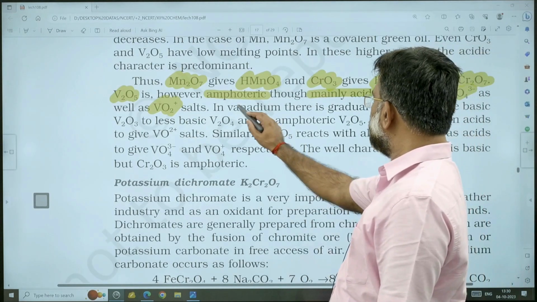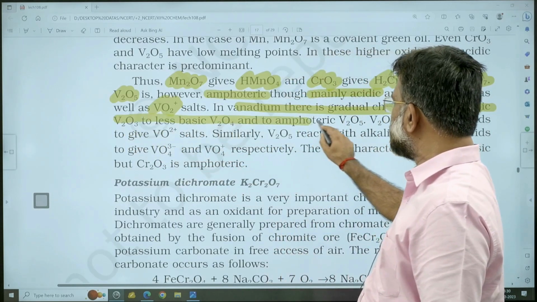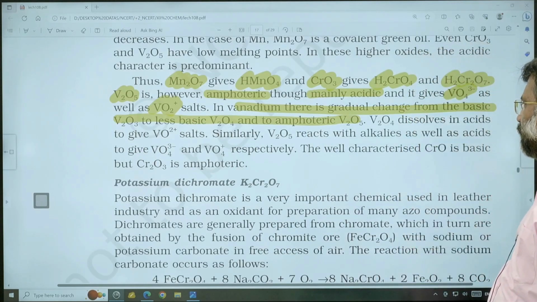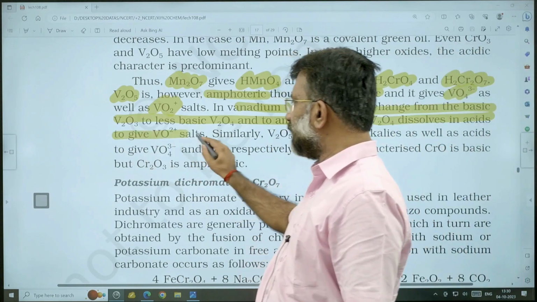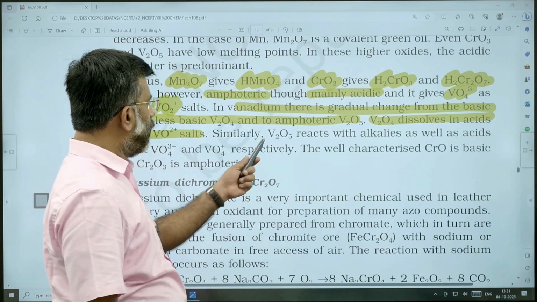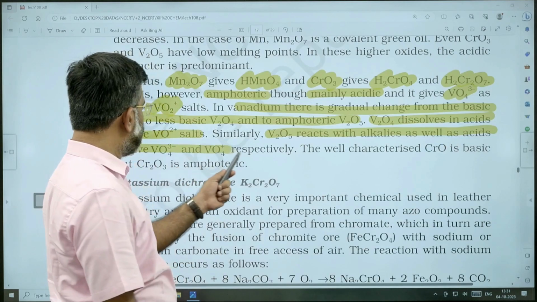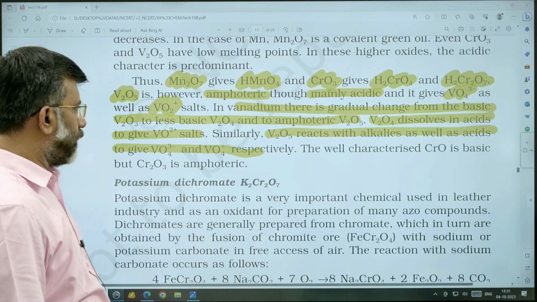In vanadium, there is a gradual change from basic V2O3 to less basic V2O4 and to amphoteric V2O5. V2O4 dissolves in acid, which means it is basic. V2O5 reacts with alkalis as well as acids, giving two varieties of oxocation and anion.